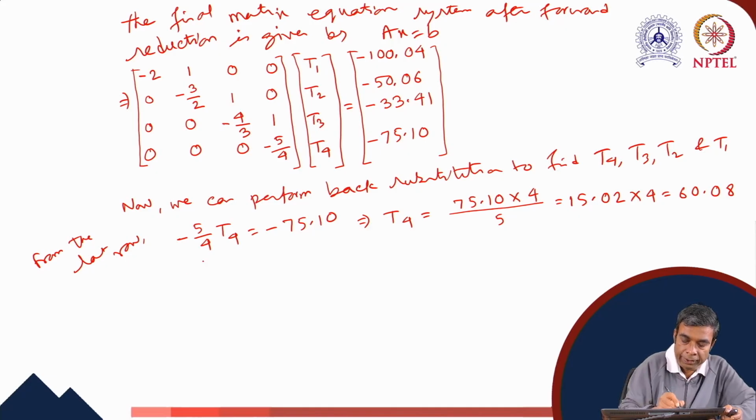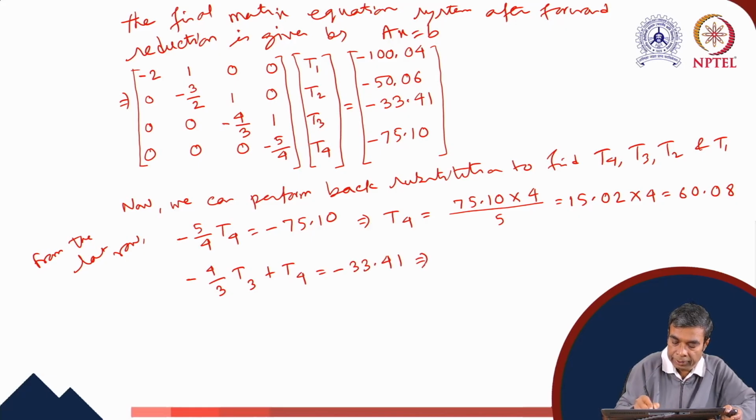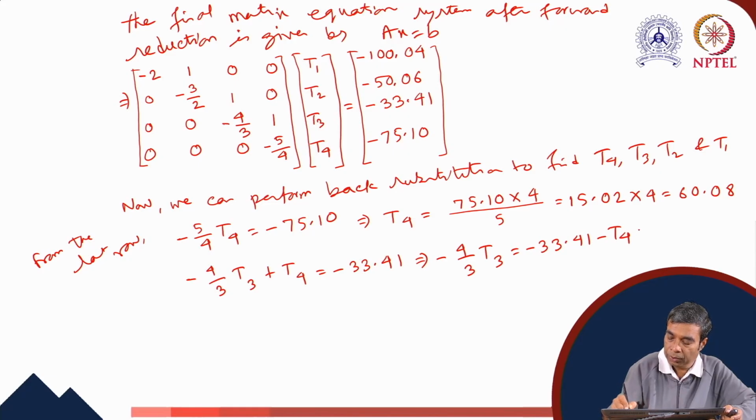Now from here we can calculate the T3 value. So we get the third equation as minus 4 by 3 into T3 plus T4 equals minus 33.41. This gives us minus 4 by 3 T3 equals minus 33.41 minus T4, equals minus 33.41 minus 60.08.